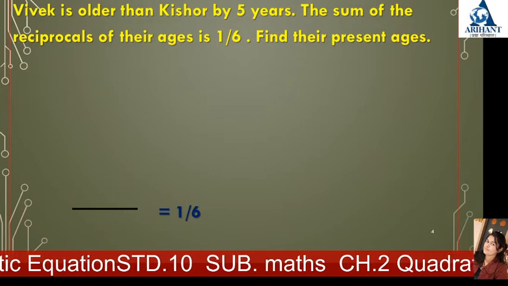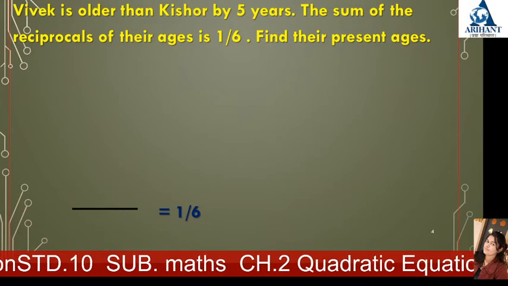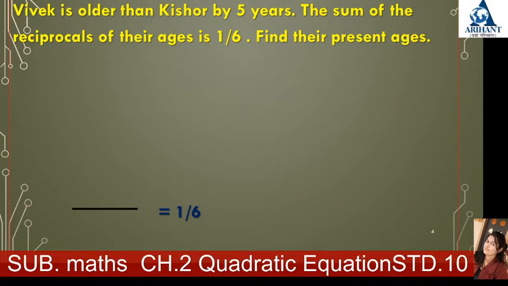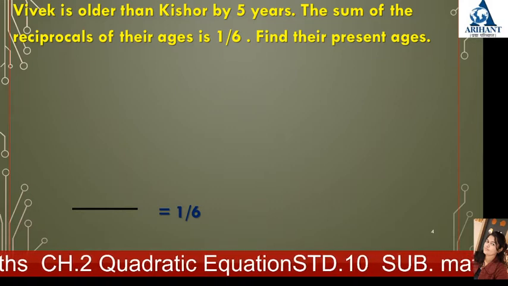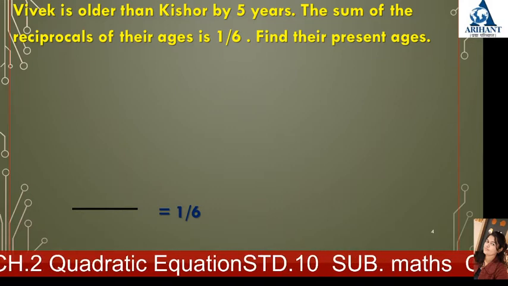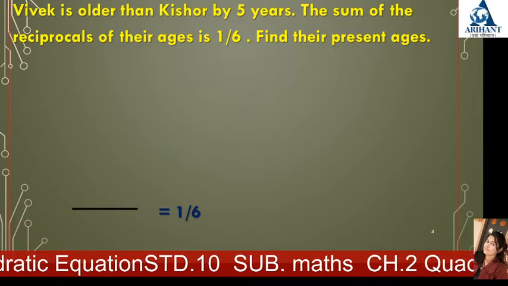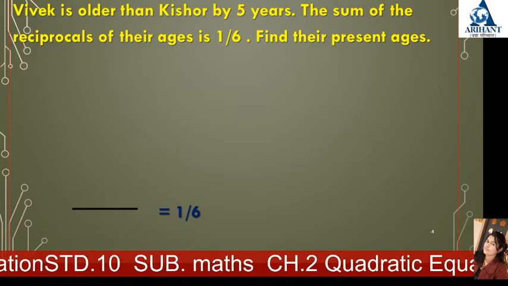Example number 4 is: Vivek is older than Kishore by 5 years. The sum of the reciprocals of their ages is 1 by 6. Find their present ages. Now understand the example. Vivek is older than Kishore by 5 years.